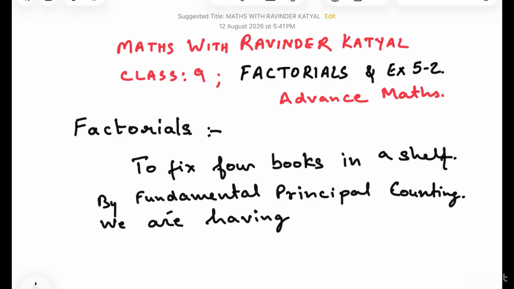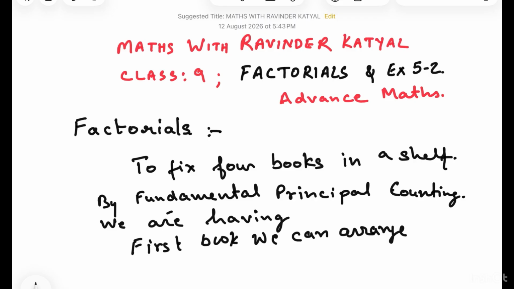So by the fundamental principle of counting, the first book we can arrange in how many ways? We can arrange in 4 ways, we have done yesterday.